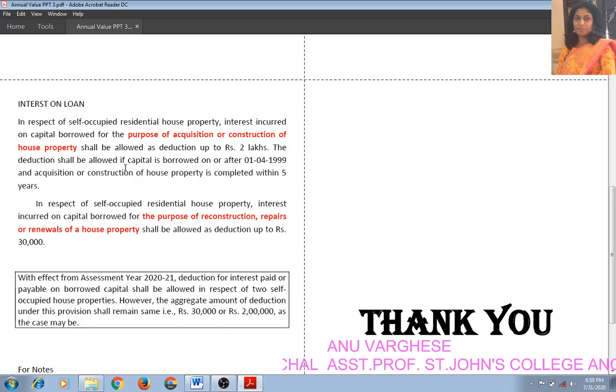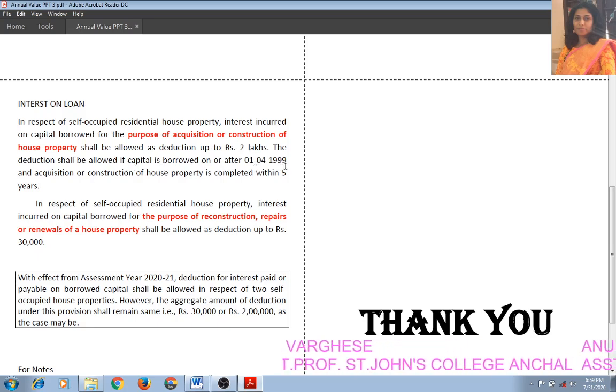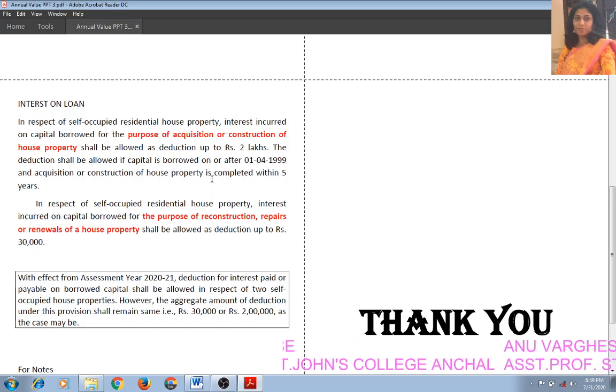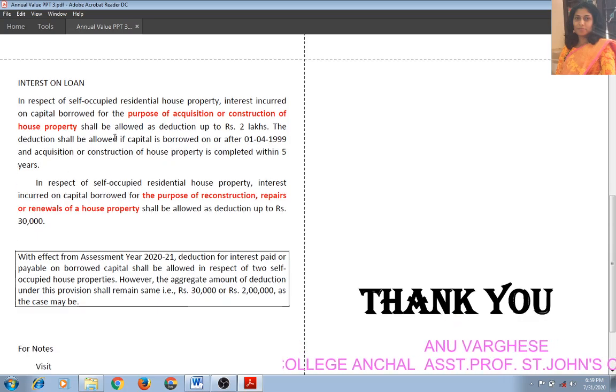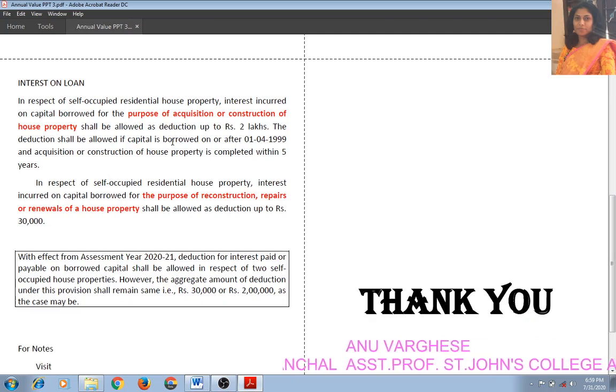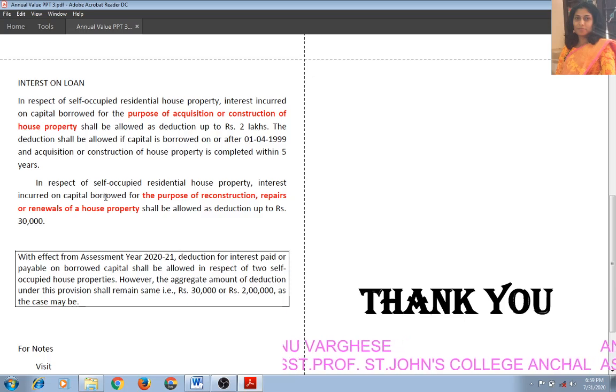That loan may be taken for the purpose of either acquisition or construction of house property. The deduction shall be allowed if loan is borrowed on or after 1/4/1999 and acquisition or construction, as the case may be, should be completed within 5 years. Okay, so you can deduct up to rupees 2 lakh. Interest on loan, maximum deduction amount is up to rupees 2 lakh.